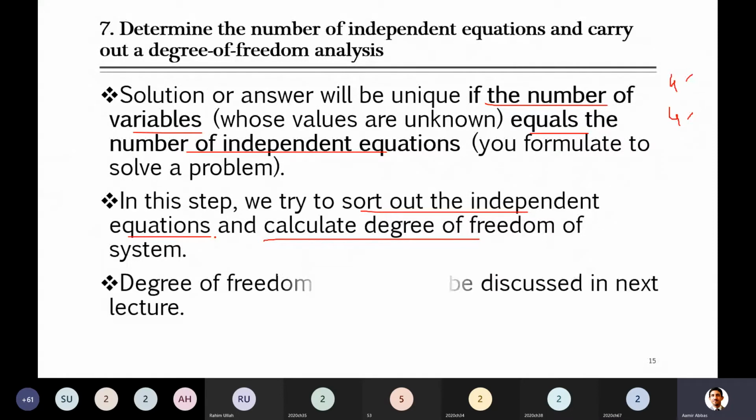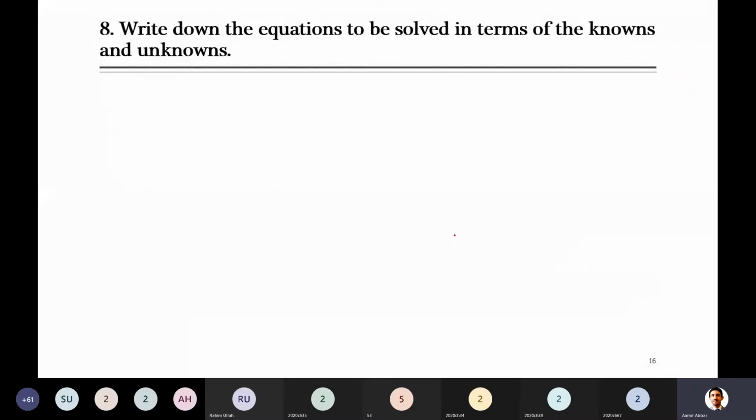To summarize, you have to figure out what your equations are. Since here we are studying the steps, I will explain in detail later how you can get those equations, where they come from, which equations are independent and which are dependent, and what degree of freedom analysis exactly means.